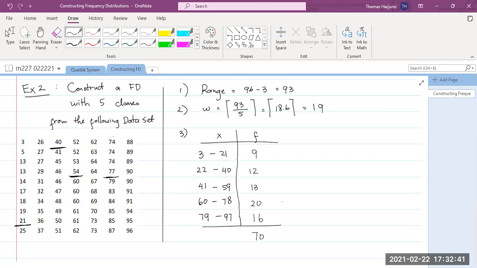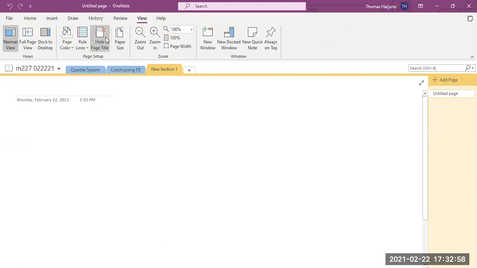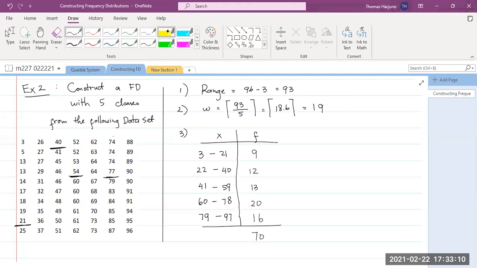Any questions so far? No question? If no question, then let me put everything together from what we learned from the first day of class until now. I have a question. I just want to know, how did you get the 9 in the very first one? There are 9 data values from 3 to 21: 1, 2, 3, 4, 5, 6, 7, 8, 9.